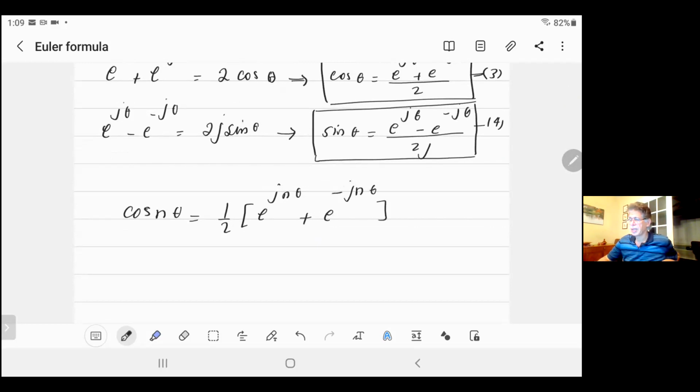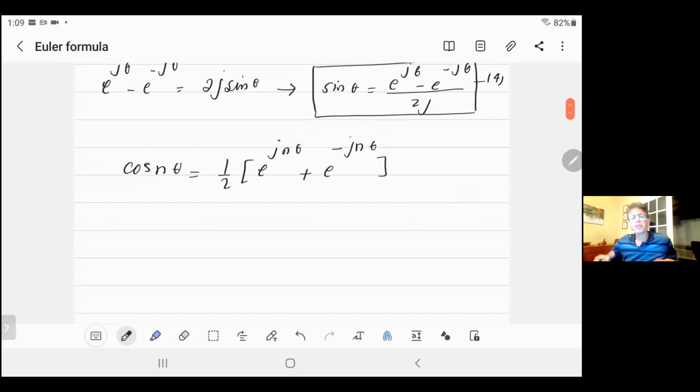What if I want to add 3 terms of cosine n theta from n equal 1 to n equal 3, like cosine theta plus cosine 2 theta plus cosine 3 theta?